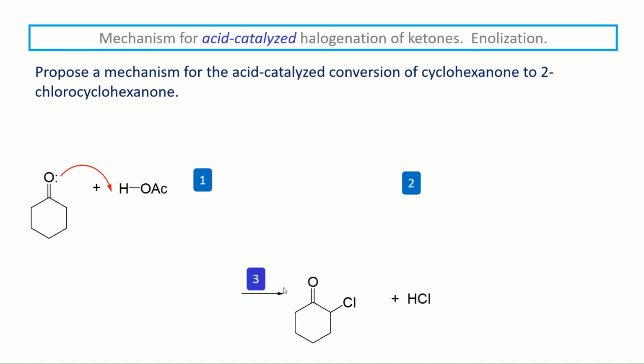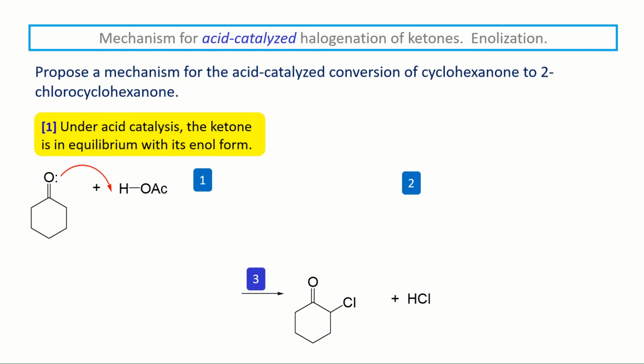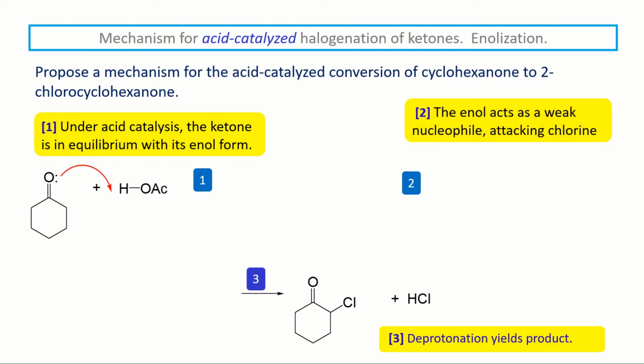Unfortunately, I've given you both the starting materials and the products, and so you can work out from there, because the first thing you want to do is, of course, you want the acid catalyst to protonate, to activate that carbonyl, and so the lability of your alpha proton will increase, and you can make the enol from that, which will then attack the chlorine, and then of course you can imagine deprotonation yielding your product. So pause right here and fill in the blanks.